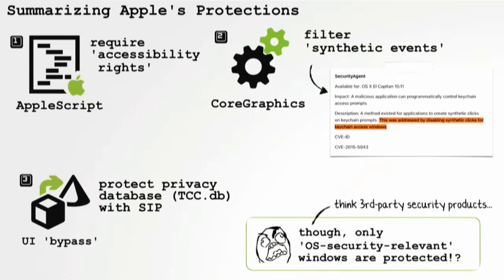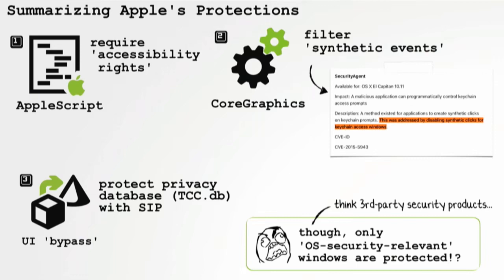Okay, so to briefly summarize Apple's current protection against synthetic and UI bypasses: for AppleScript, the application must have accessibility rights, which the user must explicitly grant. In terms of core graphics, Apple now detects and filters those and will ignore synthetic events unless the user puts in their username and password. And in terms of bypassing the UI altogether, they have protected the privacy database with System Integrity Protection.